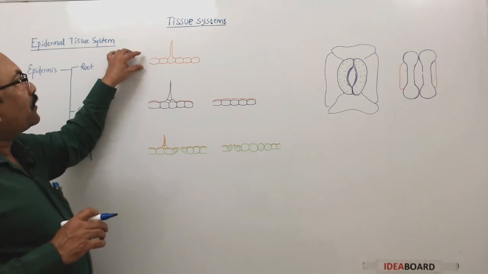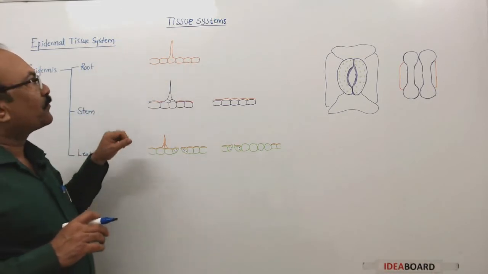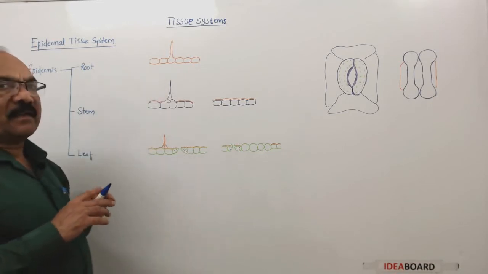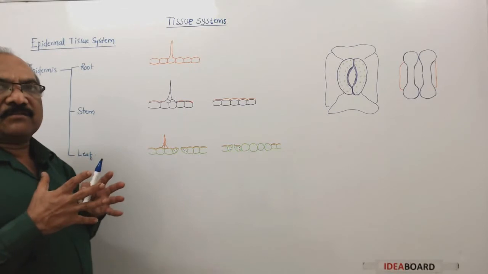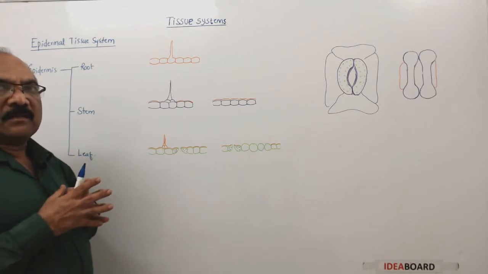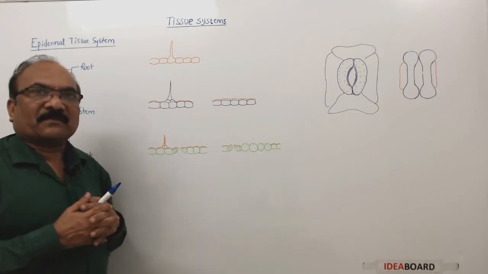But here, you can see that the cells are arranged in one layer, and they are arranged compactly. Compactly means they are arranged very closely. So whenever they are arranged closely, what will be absent? The spaces are absent.